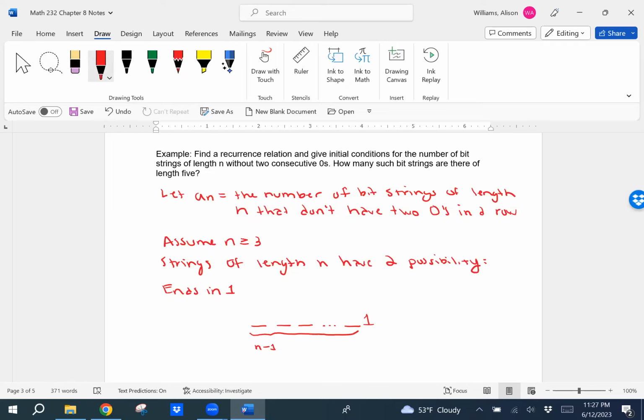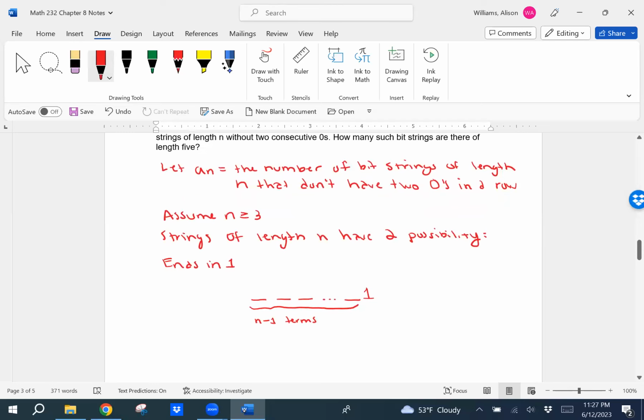So there's n minus 1 terms. But what we know is that if there's n minus 1 terms, then this is a sub n minus 1, because this is bit strings without 2 consecutive zeros of length n minus 1.